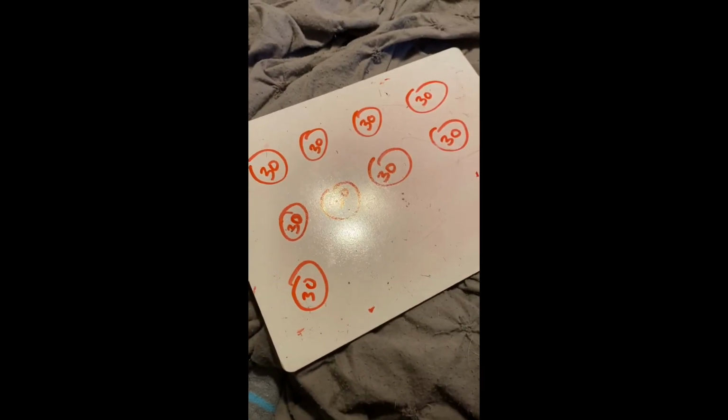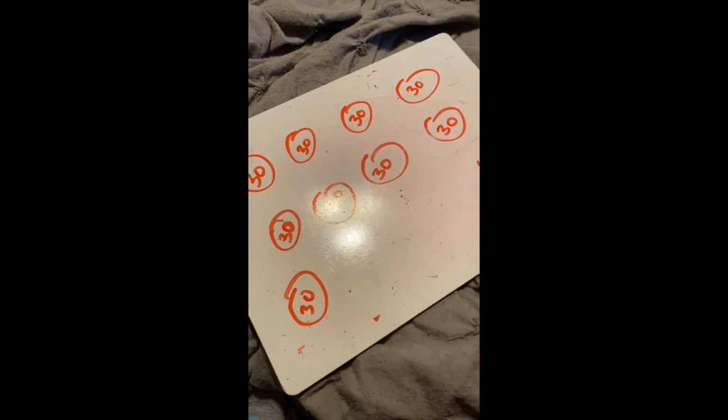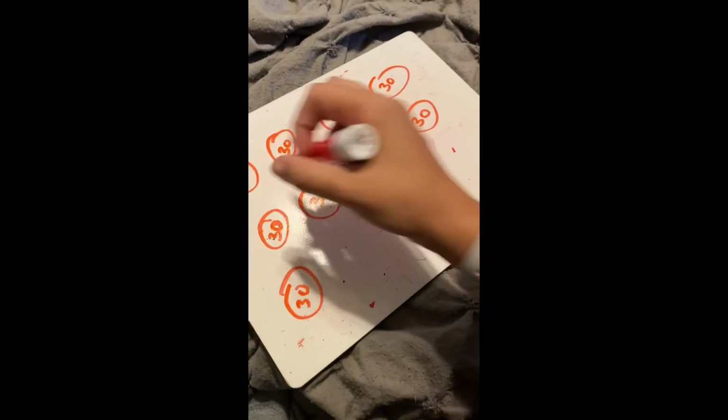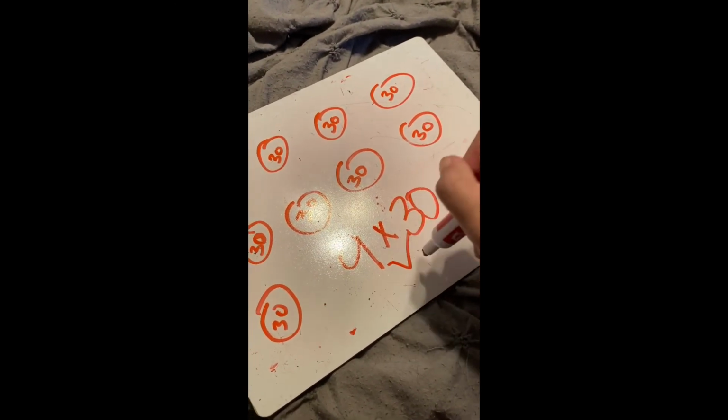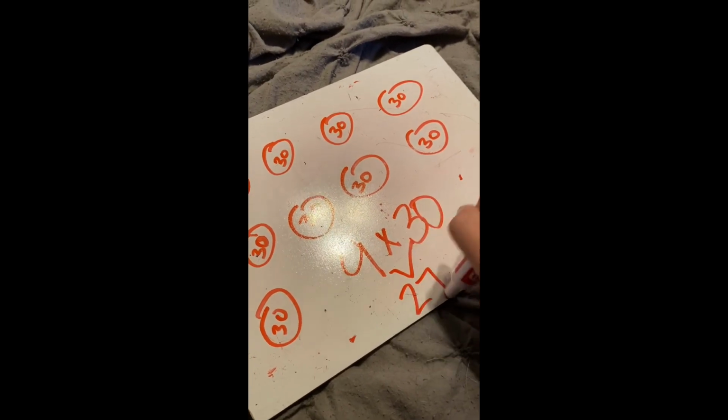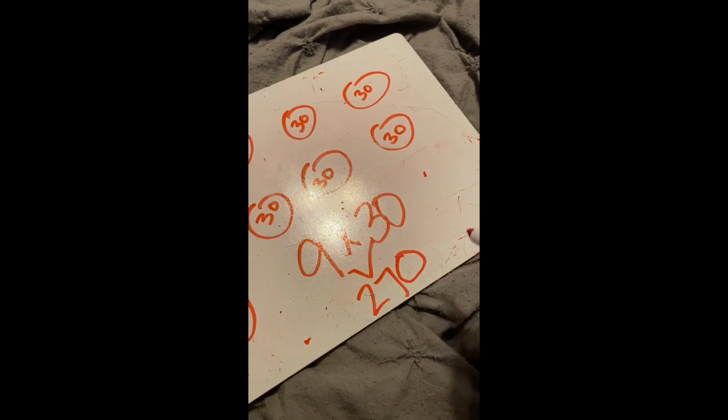So how much candy does she have in all? This is 9 bags of 30 in each. 9 times 3 is 27. You add your 0. She has 270 pieces of candy.